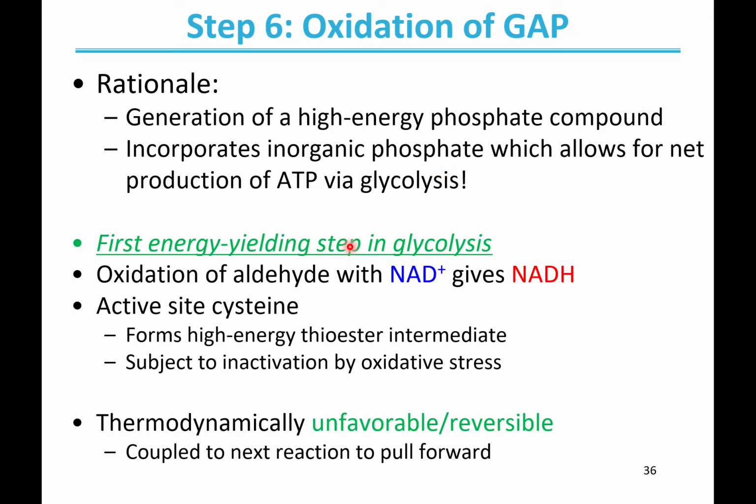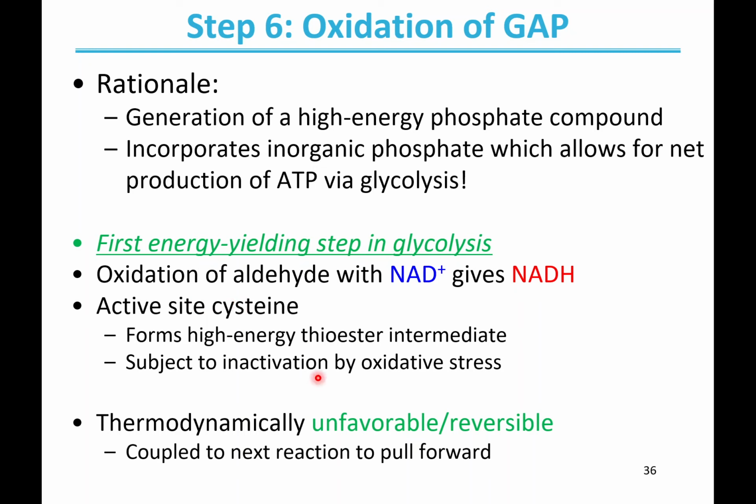All right, this is the first energy yielding step in glycolysis. And again, that's because you're making the NADH. You're oxidizing an aldehyde with NAD+ to give reduced NADH. This enzyme uses an active site cysteine, which is unique, at least unique in glycolysis.